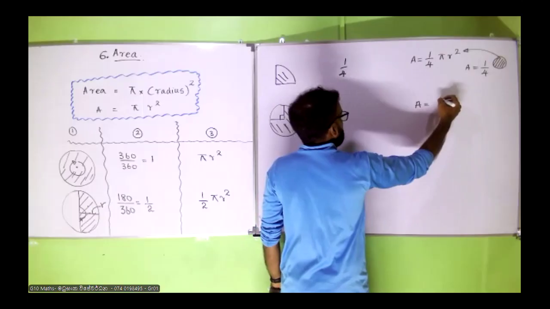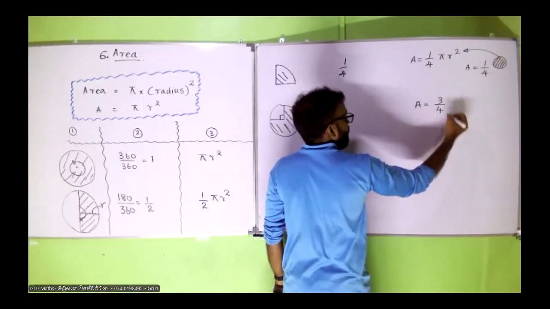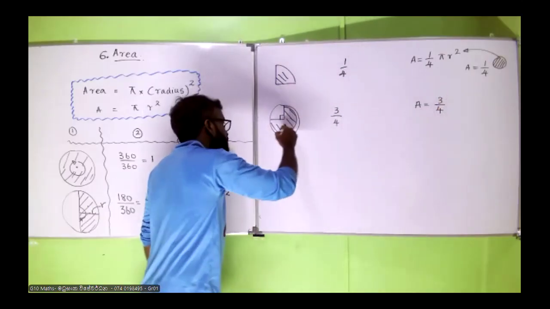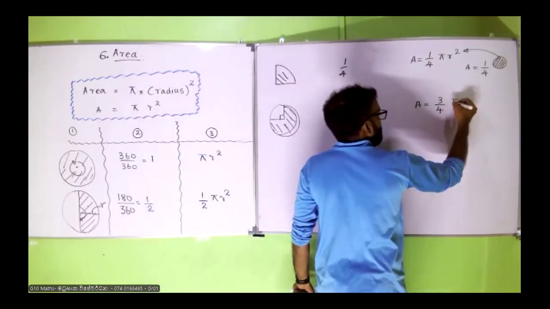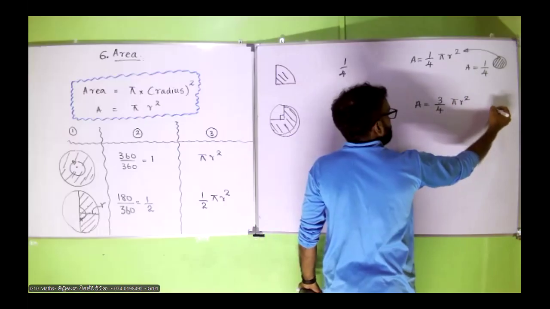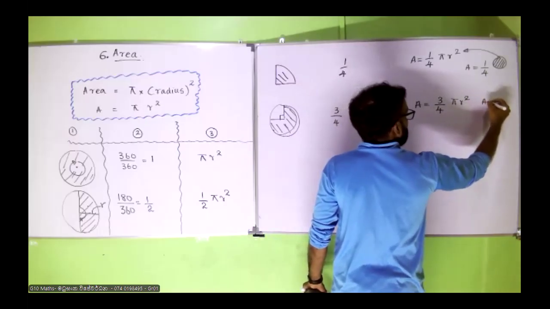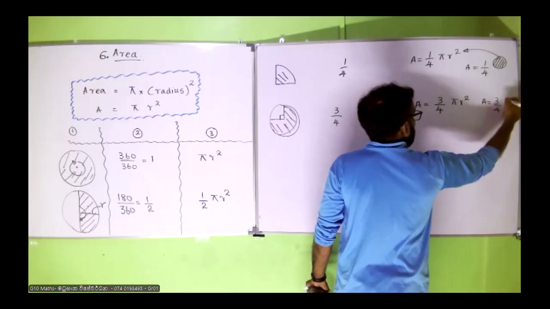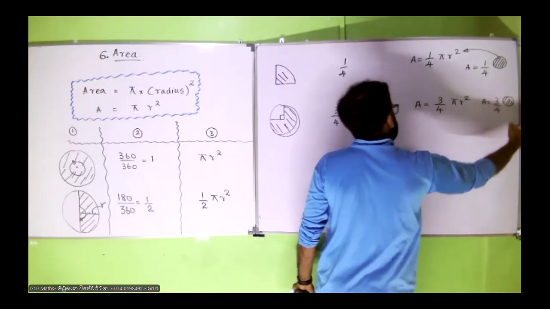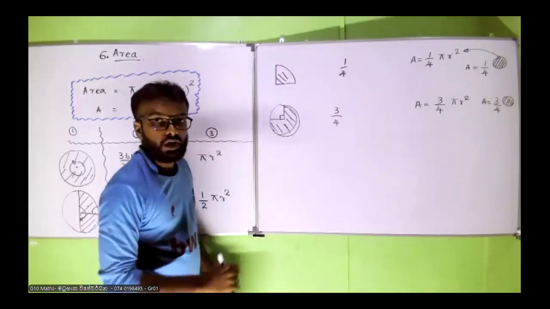Area equals portion of the circle, which is 3/4, and the area of the full circle πr squared. You can remember it as 3/4 into the full circle. Full circle is πr squared. Done.